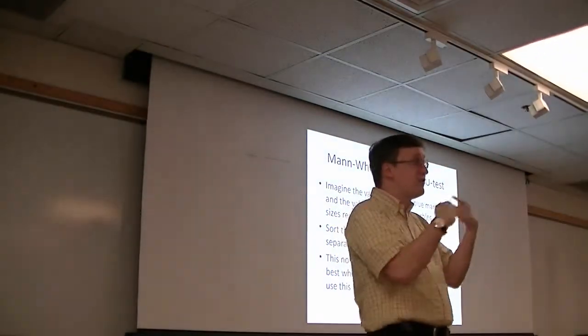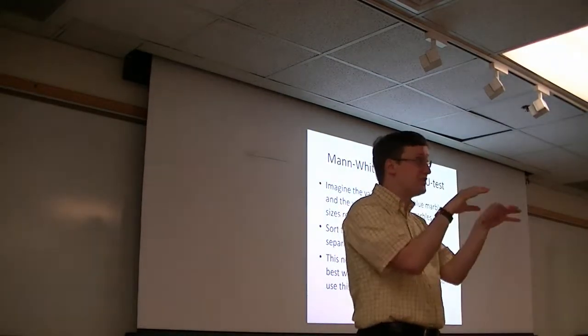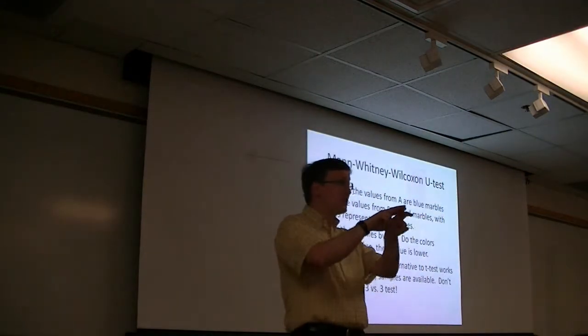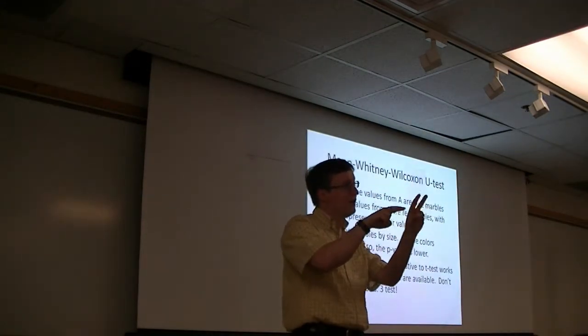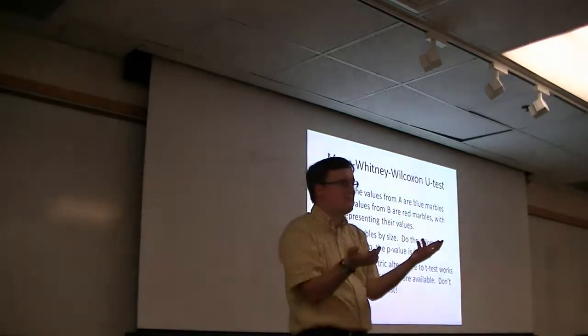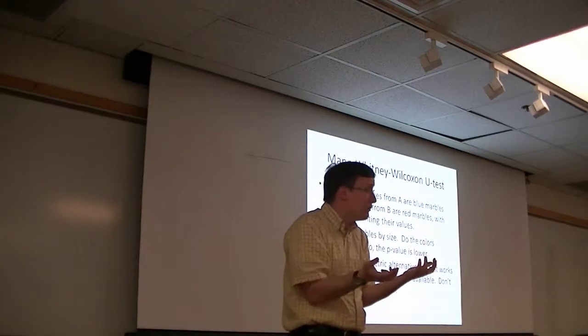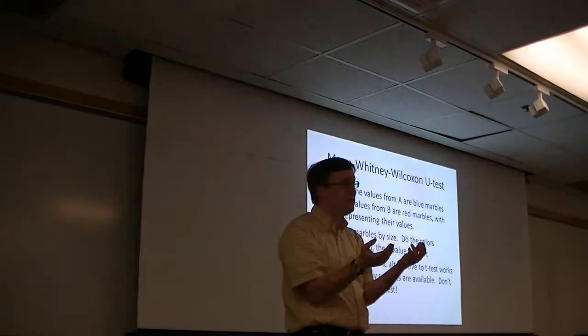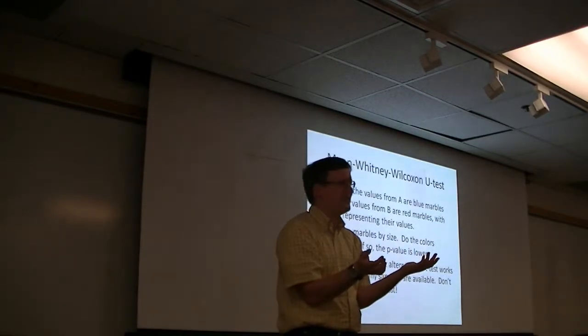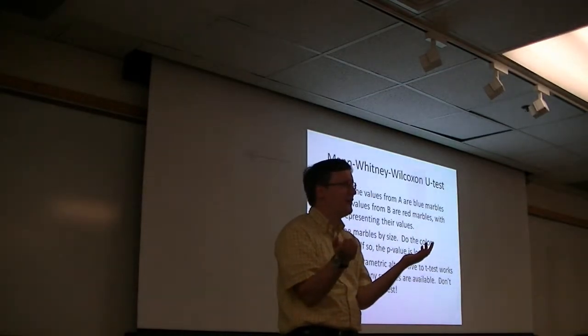But as you see, the number of possible permutations of these marbles is pretty small. As a result, the most significant p-value you can get, with all of the reds above all of the blues, or vice versa, can happen very frequently by random chance. As a result, the most significant test you can get out of a 2 by 2 is not very significant at all. I mean, it's never going to get below the 0.05 value.